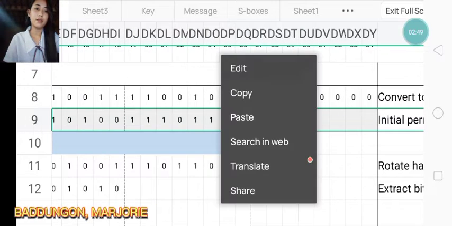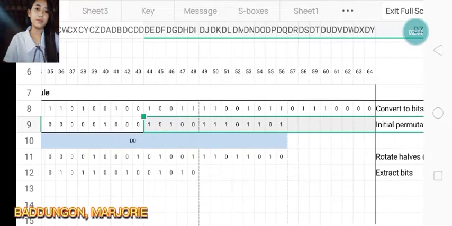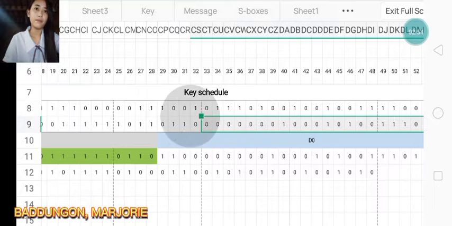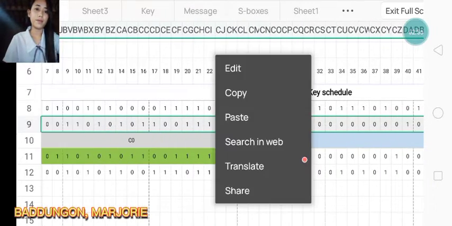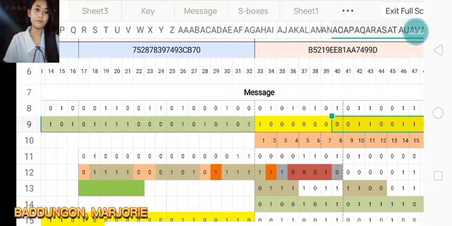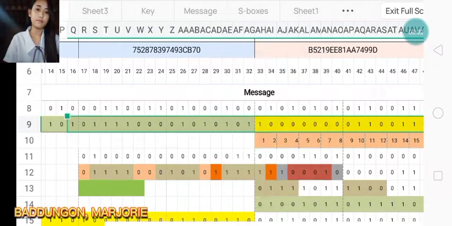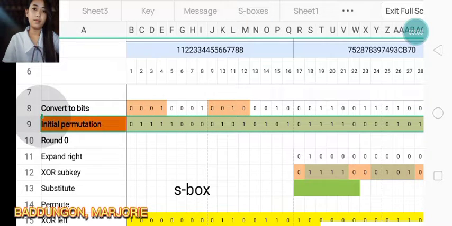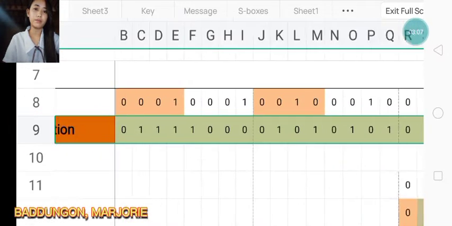So this is the 15-bit binary in this initial permutation row.